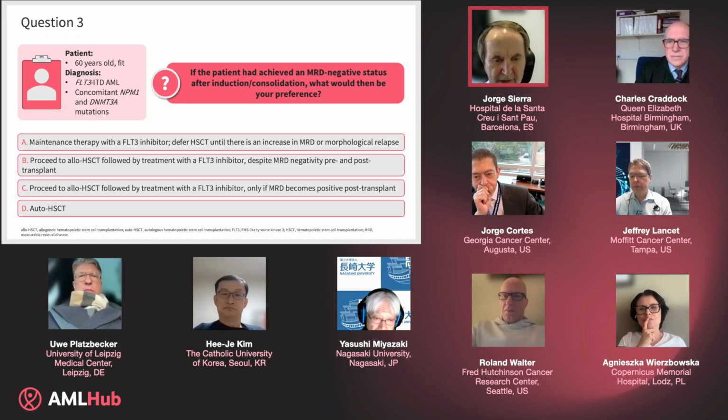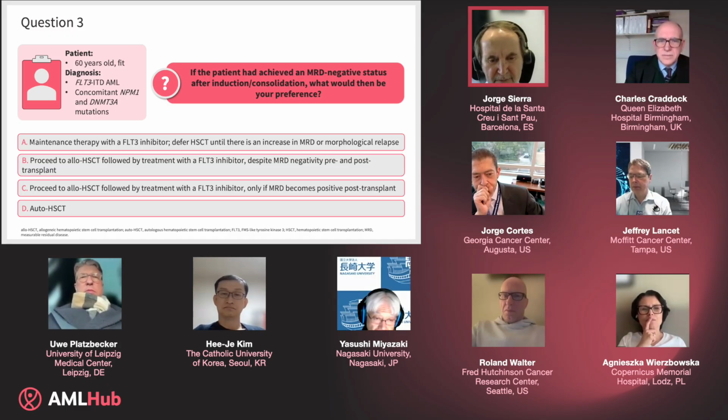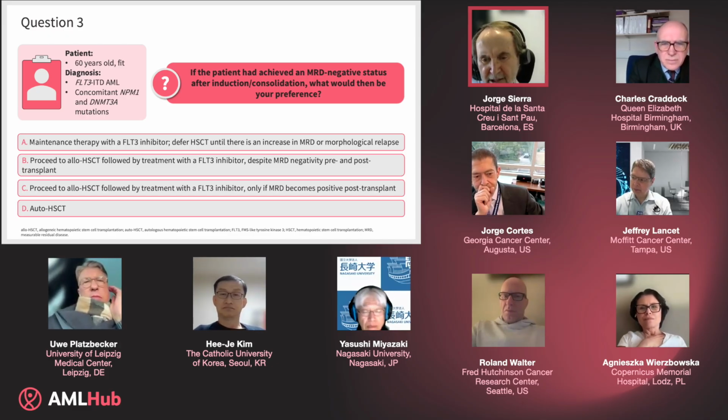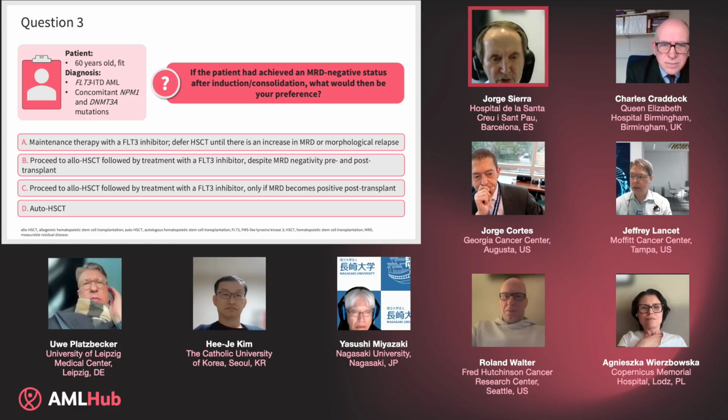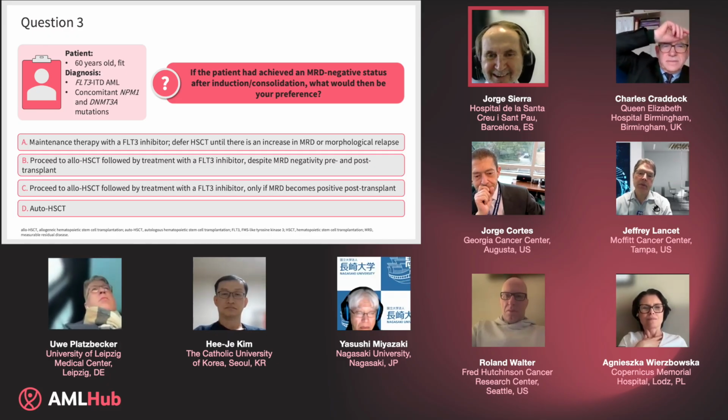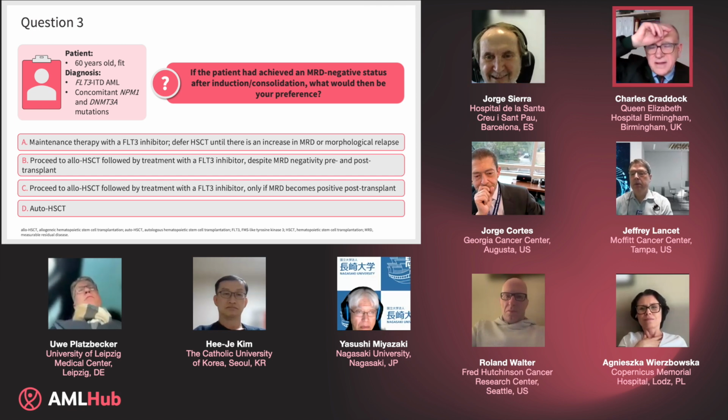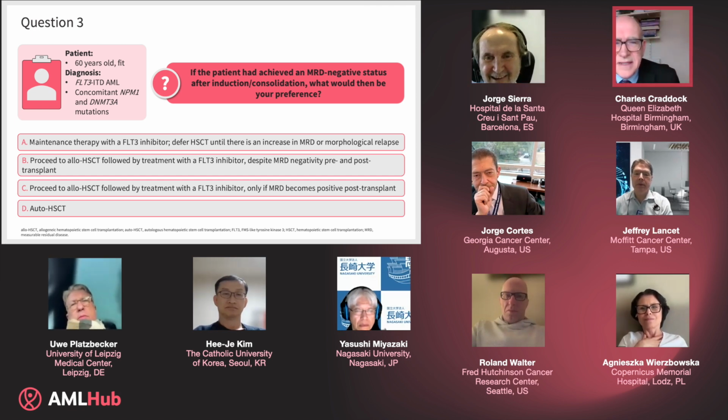Option B, proceed to allo transplant followed by treatment with a FLT3 inhibitor despite MRD negativity pre and post-transplant. C, proceed to allo followed by treatment with a FLT3 inhibitor only if MRD becomes positive post-transplant. And D, autologous transplantation.